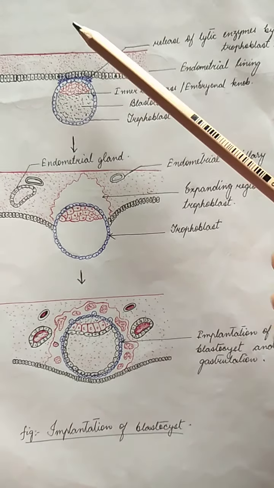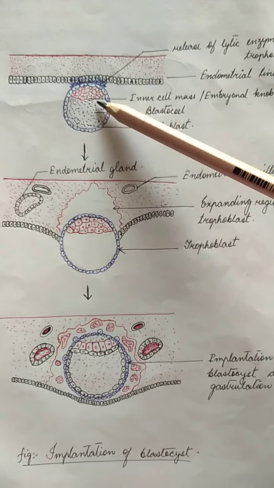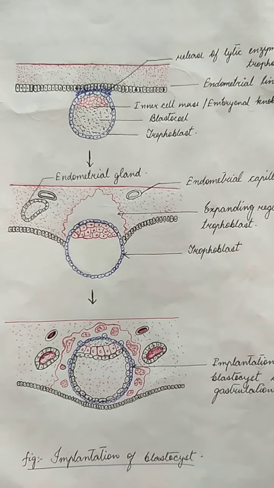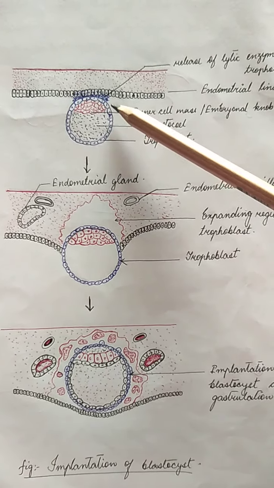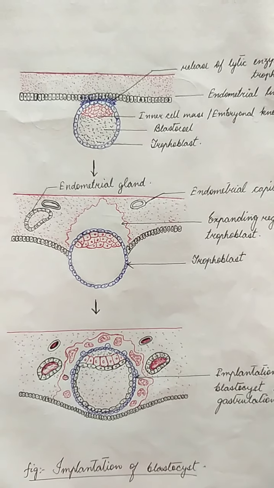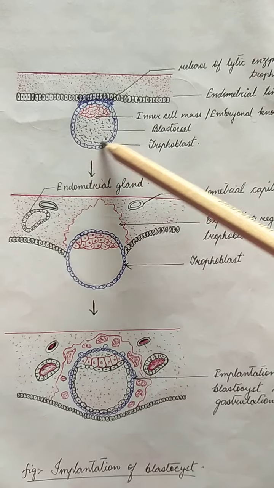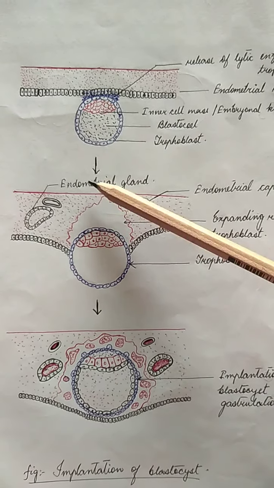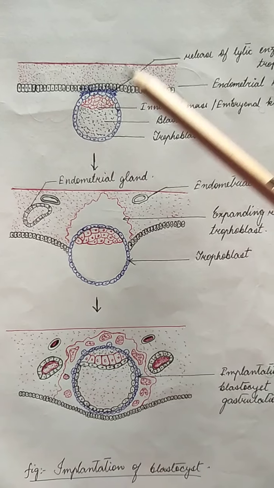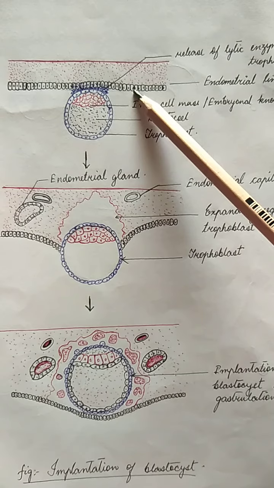The blastocyst, when the morula is converted into blastocyst, now attaches with the uterine wall.